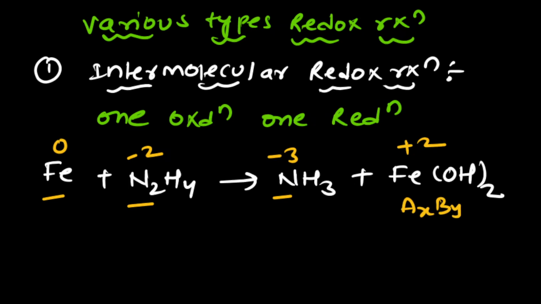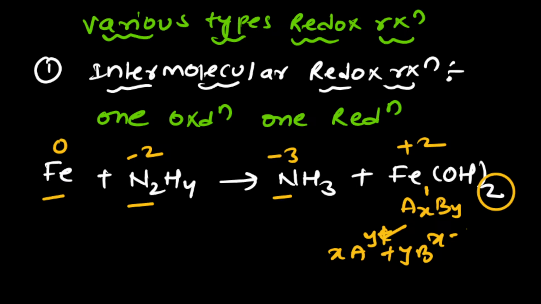AX/BY type. Here the X is 1, B is 2. Then how will it be dissociated? It is dissociated as A power Y plus into B power X minus, right? Here the X is 1 and Y is 2, so that's the reason it has got +2. Don't get confused.